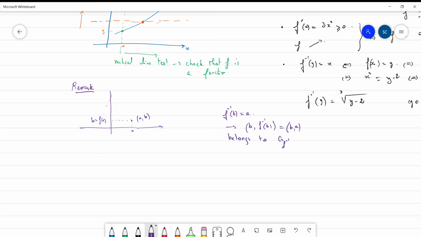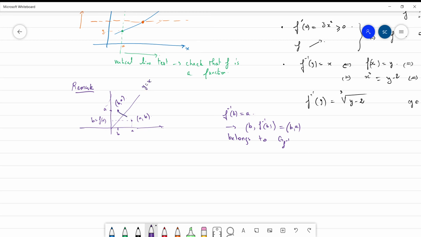So if this is my distance B, A is this one. Here it is, this is (B, A). And by simple geometric consideration, these two points are symmetric with respect to the line y equals x.